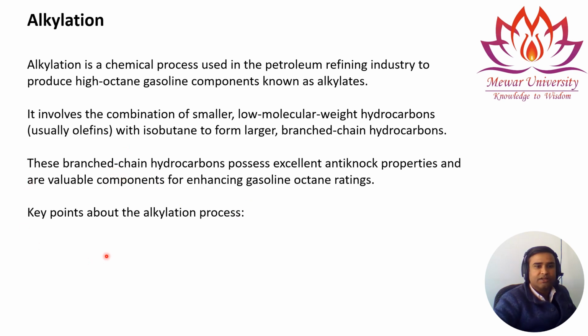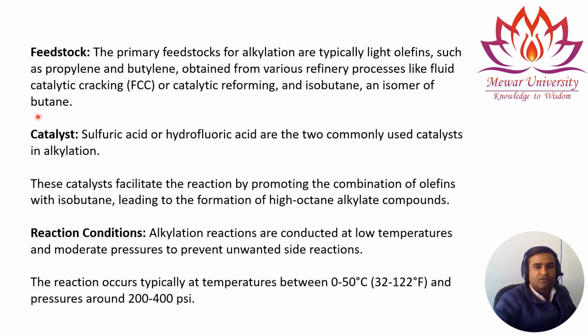The key points about the alkylation process begin with feedstock. What kind of feedstock is required in the alkylation unit? The primary feedstock for alkylation is typically light olefins, low molecular weight olefins such as propylene or butylene.